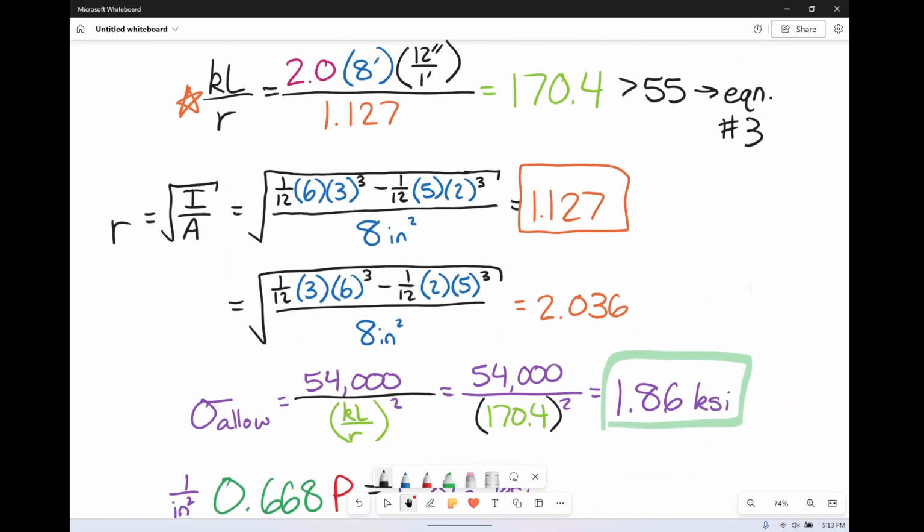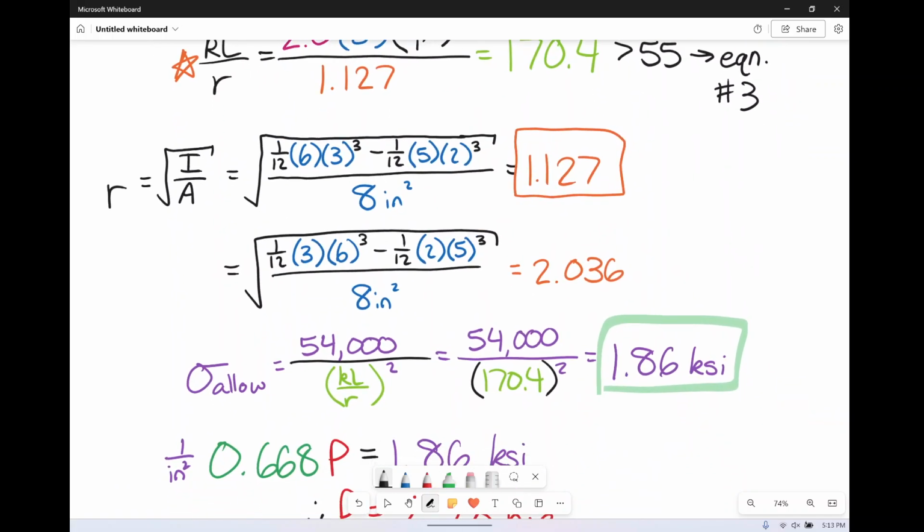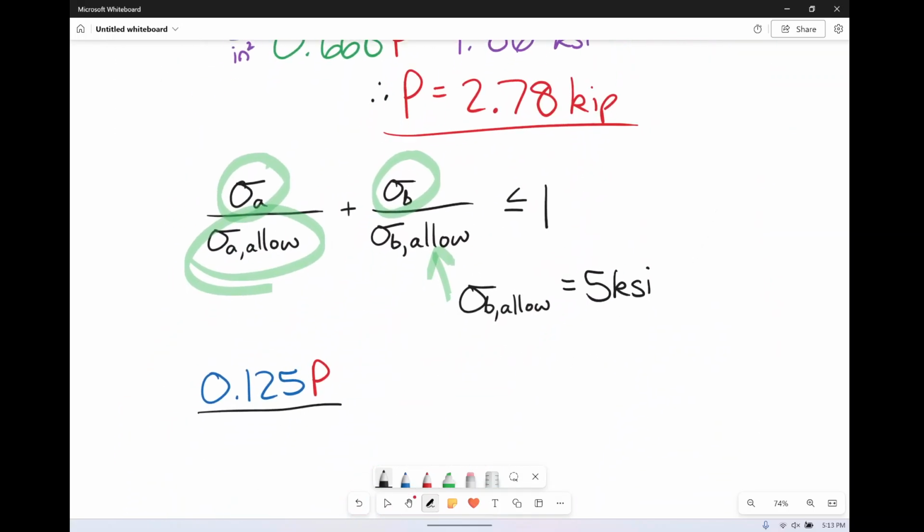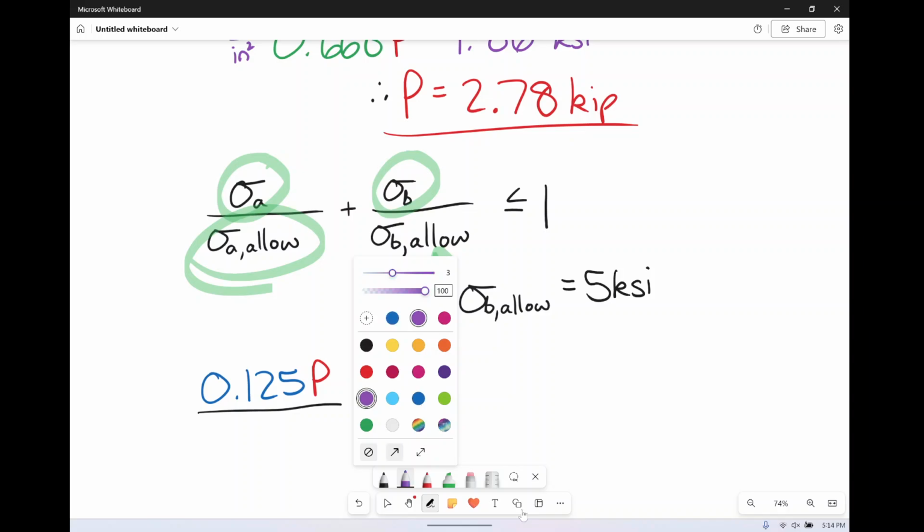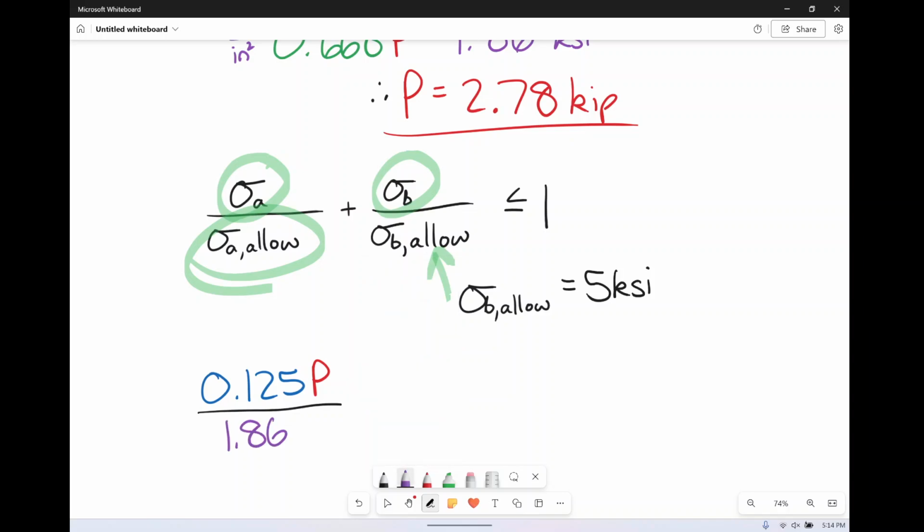Even our equation 3 that we found, 54,000 divided by KL over R squared, has nothing to do with our given loads. So that is still going to be 1.86 KSI. So we're dividing by 1.86 KSI. Don't forget that this is in 1 over inches squared. And then we're going to add sigma B.